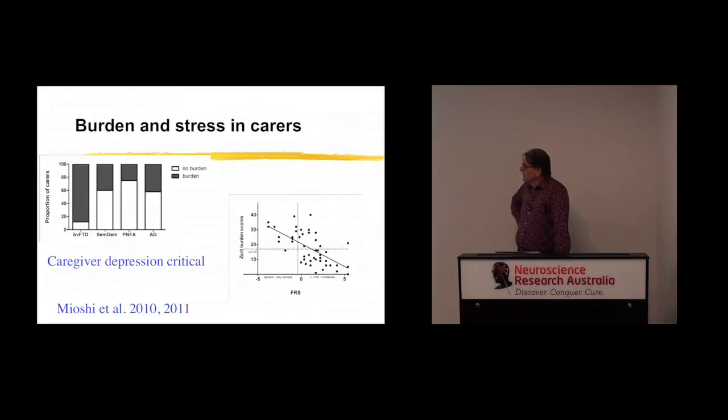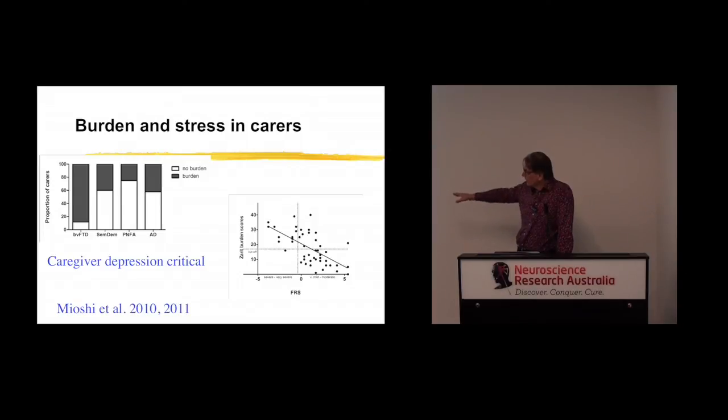So we mustn't forget that FTD causes very considerable burden and stress on families. This was some research we did a few years ago, looking at the degree of burden that family caregivers are under. And the proportion of patients shown in black in the left-hand panel with a high degree of burden from living with somebody with FTD, virtually all of the family members were suffering enormously, much higher than in Alzheimer's and the language variant cases.